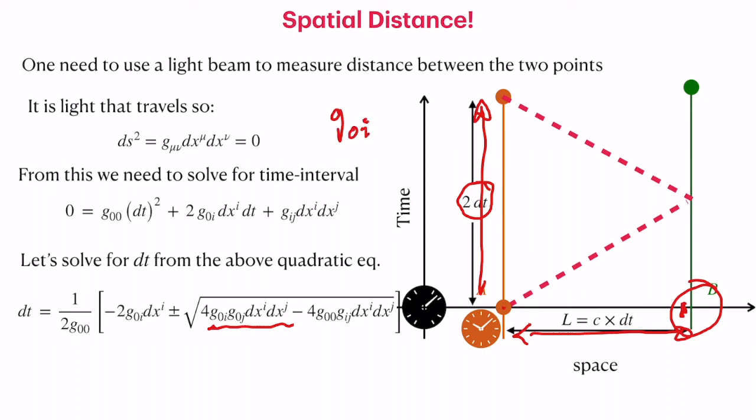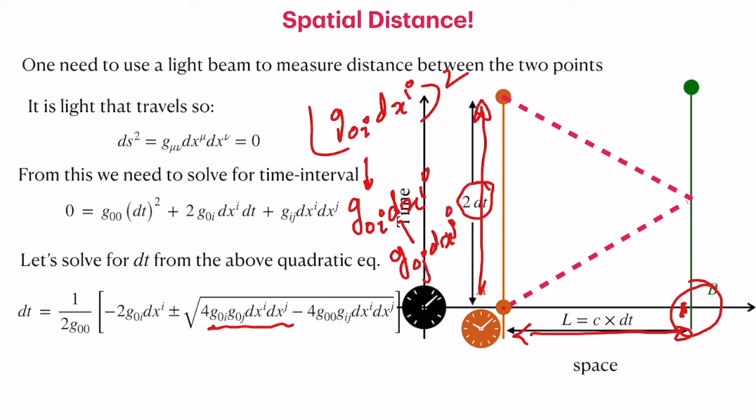That would be a confusing notation, because squaring would be fine, but the tensorial way of writing is g0i dx^i into g0j dx^j. So this way you are doing the product without mixing up the indices. And then we have a last term, which is 4 g00 g_ij dx^i dx^j.